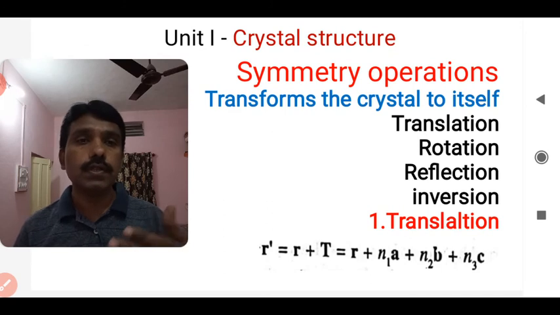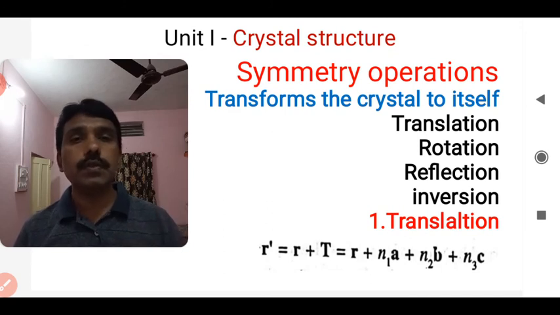In the previous session we saw that the translation vector relates identical surrounding points: r dash is formed from r plus the translation t.